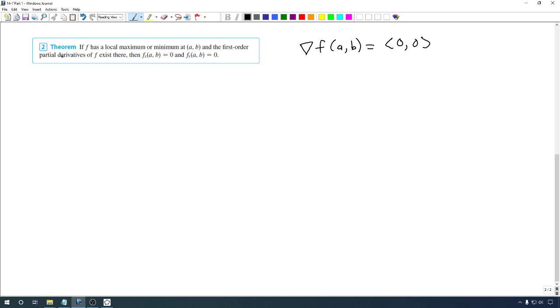We're going to say that a point where the partial derivatives either don't exist or they both do exist and equal 0, like we have here, we're going to call that a critical point.